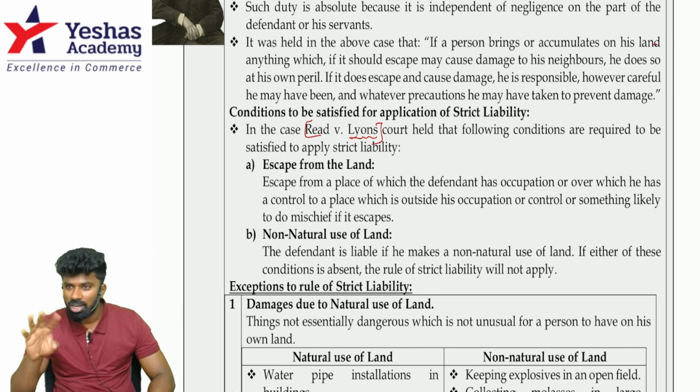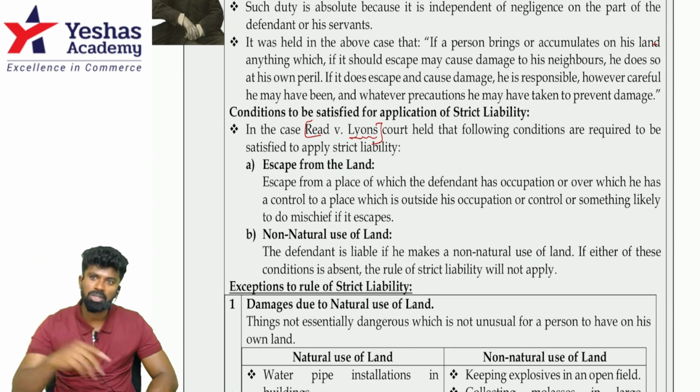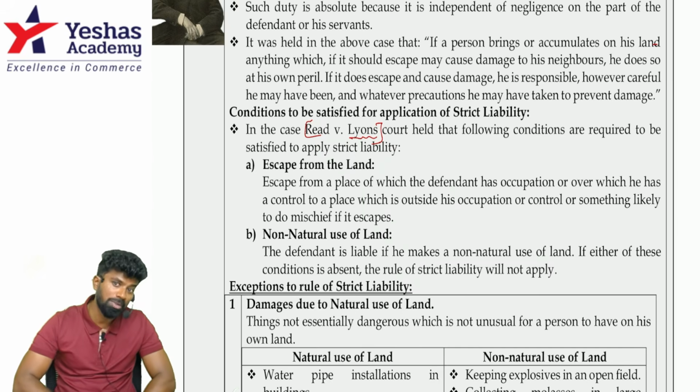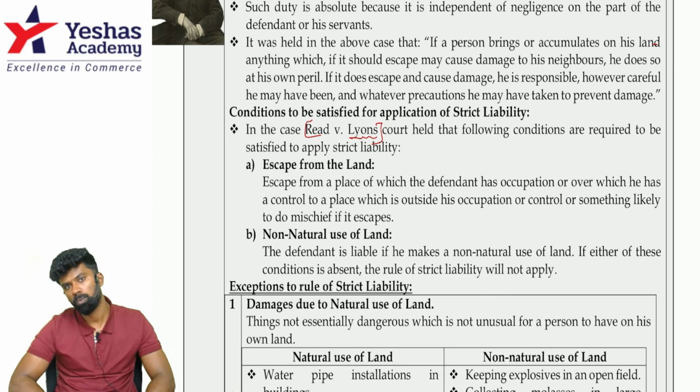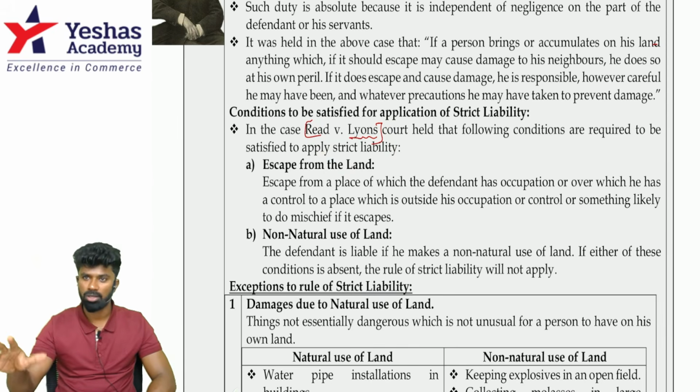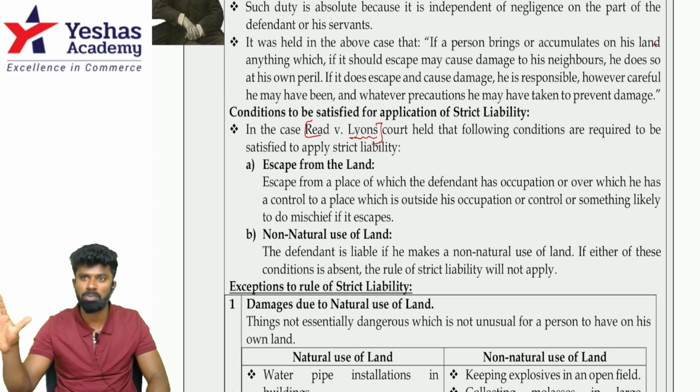If it is a natural use of land and something happens, you are not responsible. It's not called a tort unless there is mens rea. Unless there is what? For example, you are playing a song. You played a song in your home, with a music system, at normal decibel.